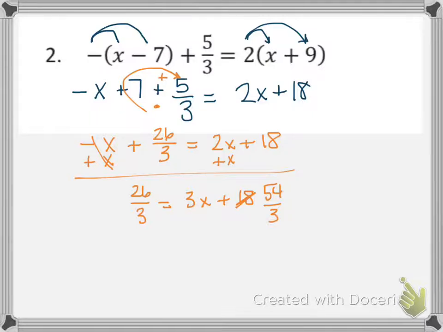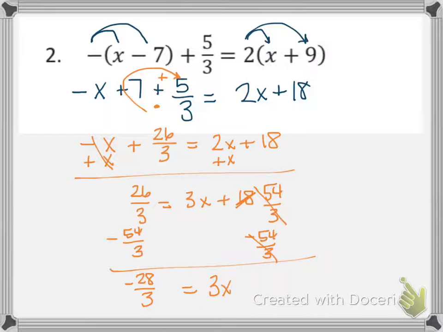Then I can actually subtract. So I'm going to subtract 54 thirds from both sides. And all right, so the 54 thirds go away. I get 3x is equal to 26 minus 54 gives us a negative 28 thirds.